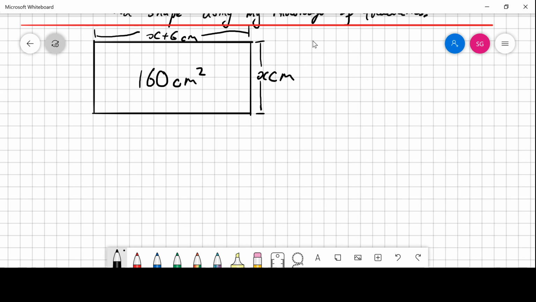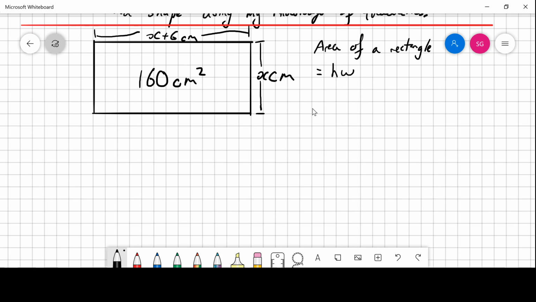Now, in order to remember this, we need to remember the area of a rectangle, right? Area of a rectangle equals height by width, right?